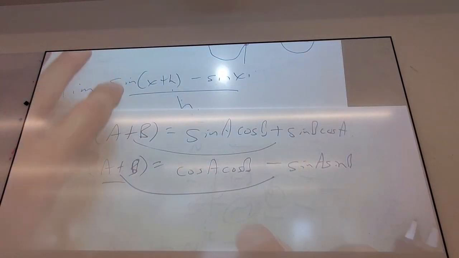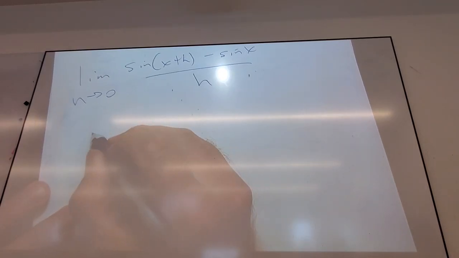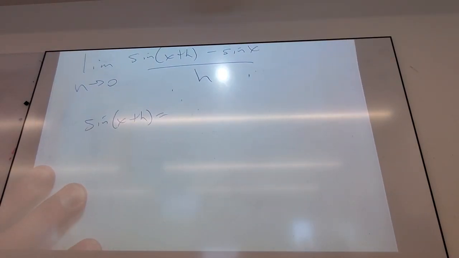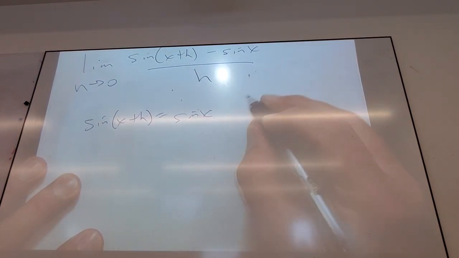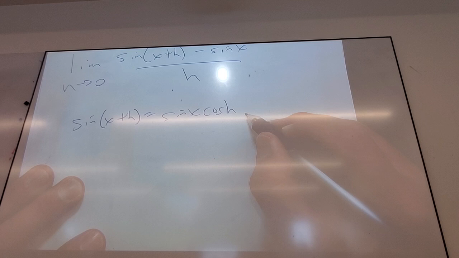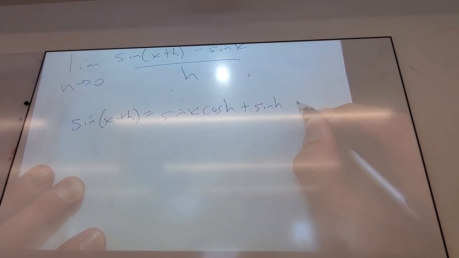So, help me out. What would sine of x plus h be then? Sine x cosine h, because they take turns. Cosine's a nice guy, keeps the sign the same. Sine h cosine x.